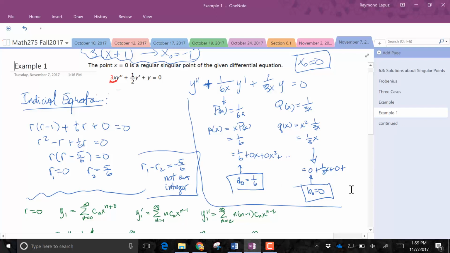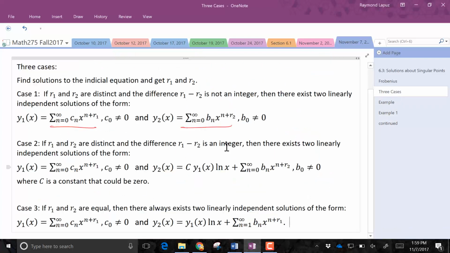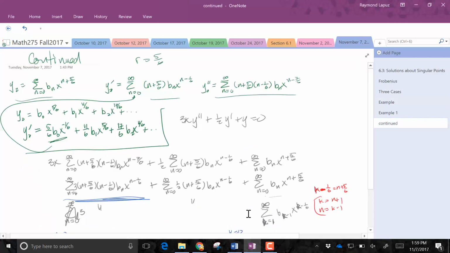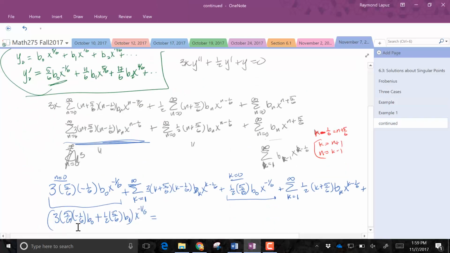Oh, this is a different b naught. The tricky part here is that b naught's supposed to not equal 0. Oh wait, is it actually equal to 0? Yeah, somebody said that.